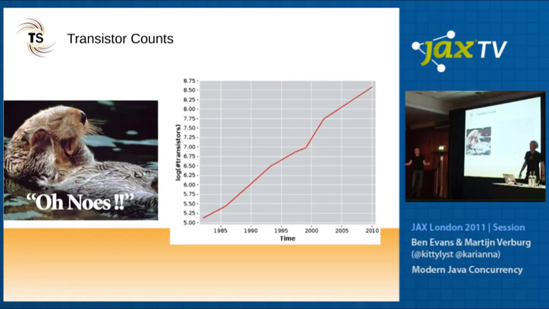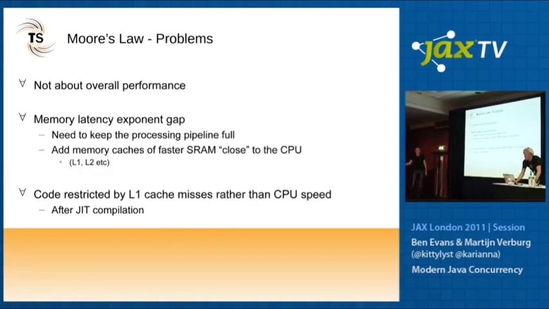So a 10-fold increase in 6 or 7 years is about doubling every 18 months. That means that this graph, if it was a linear scale, would look exponential. Memory is also getting faster exponentially, but the problem is the exponent is a lot smaller. So there is a widening gap between how many transistors you've got, how much silicon you've got available to develop processing features, and how fast your memory is.